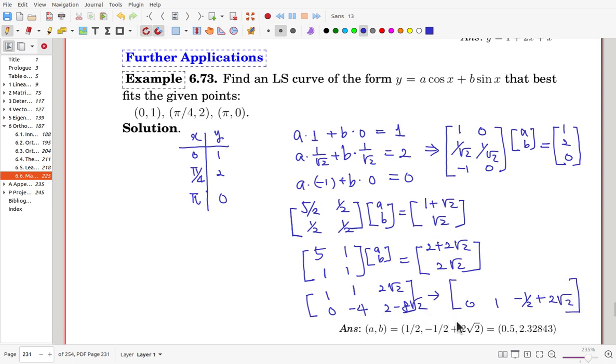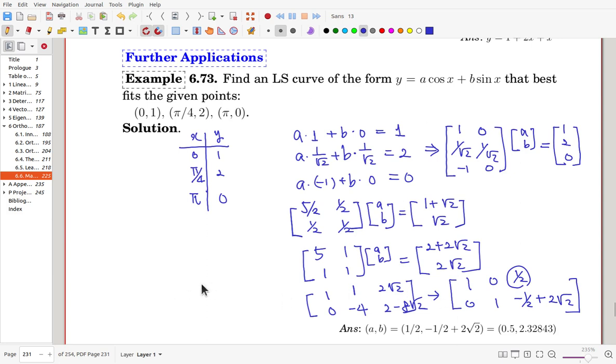And now we subtract that from the first row, which makes half here, and this will disappear. So we reach this one. That means A is half and B is minus half plus 2 square root of 2. Okay, we got the right answer.